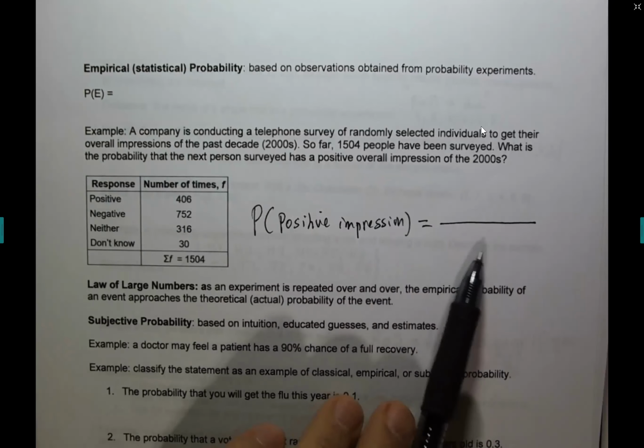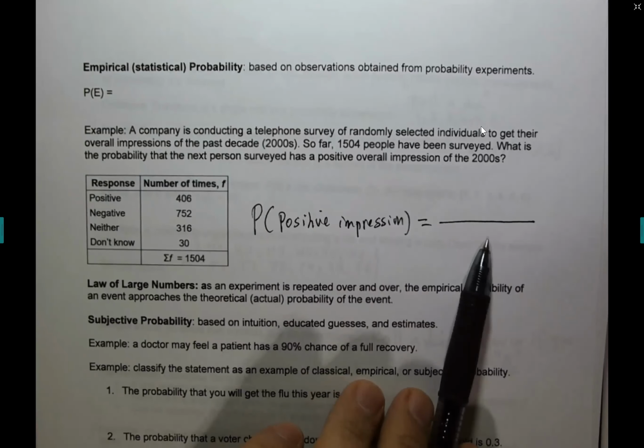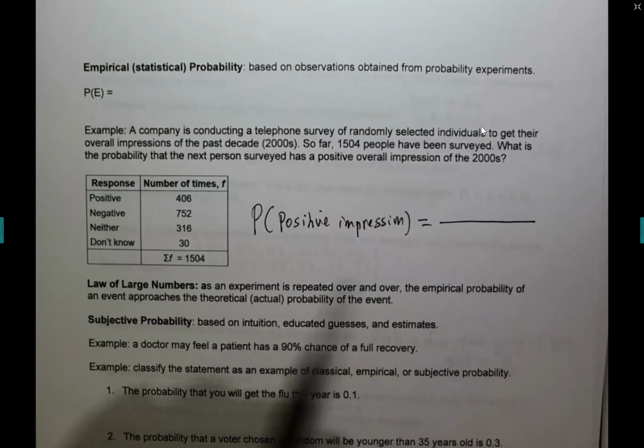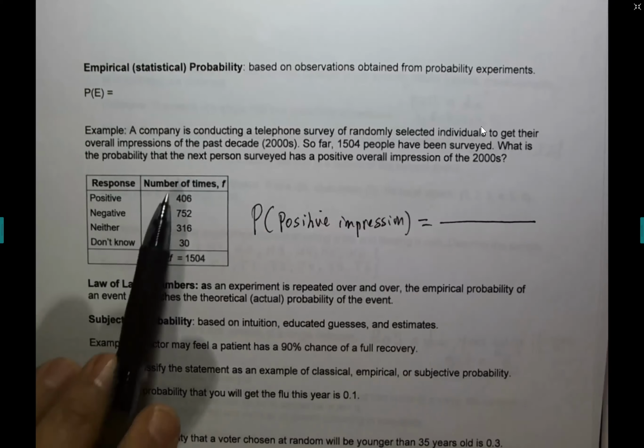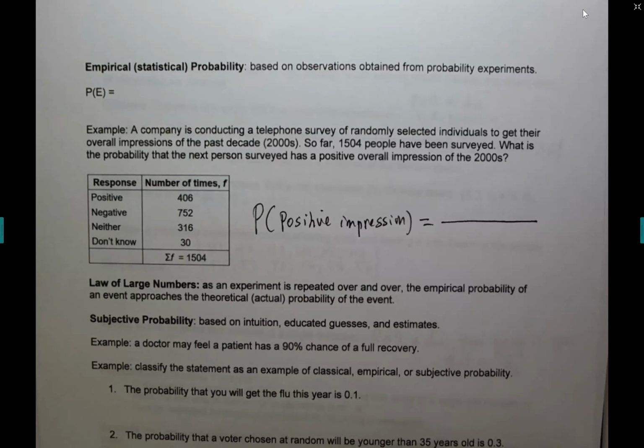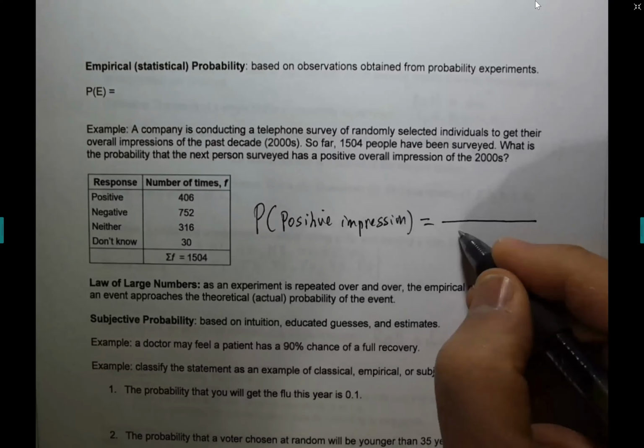Okay, I told you at the bottom we should have the grand total when we did the classic definition, all possible outcomes. And what's the grand total here, guys? If you add all the responses, how many altogether? 1,504. Okay, good.